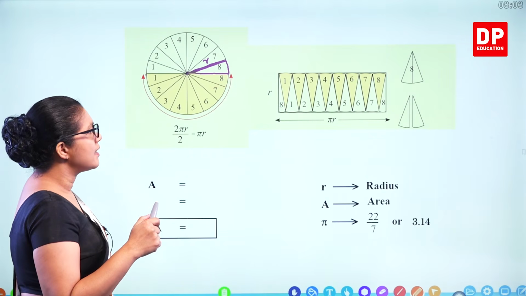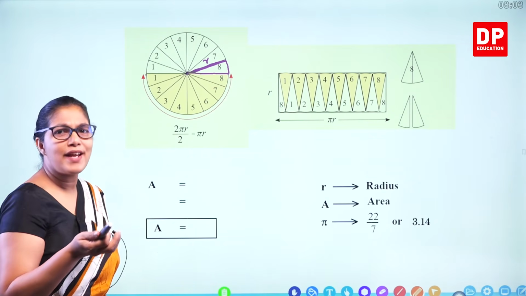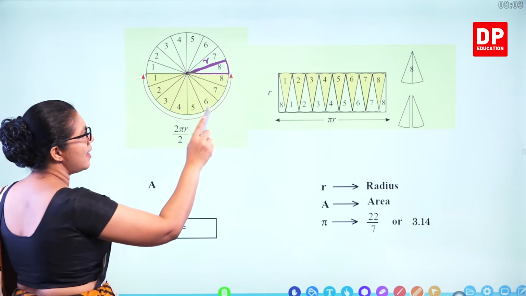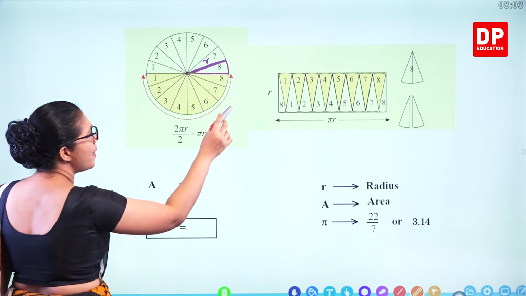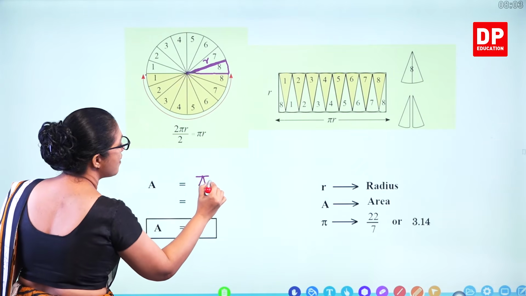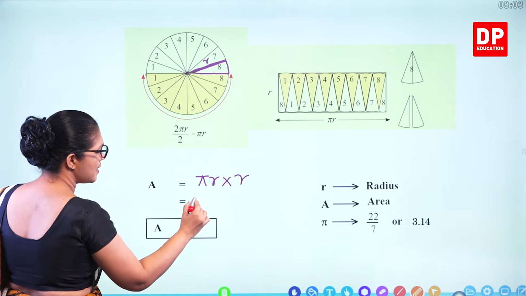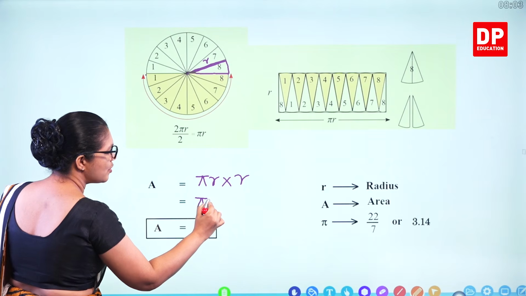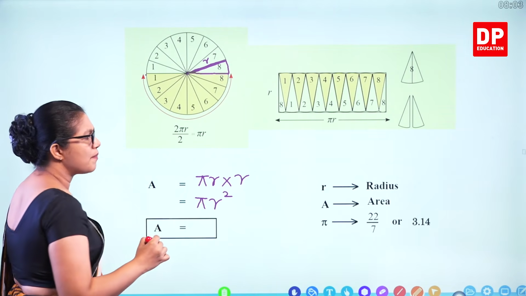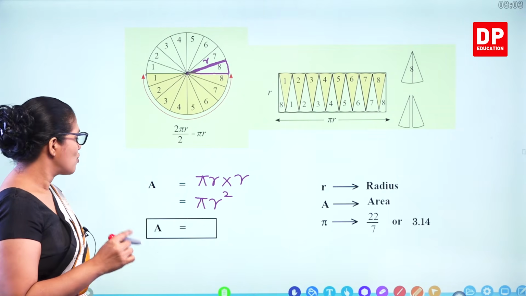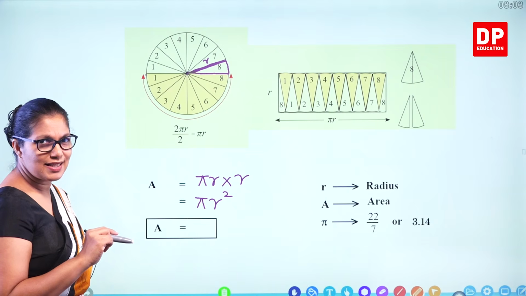So we know that. What's the area of the rectangle here? Length into breadth. Pi r into r. So you can simplify and write r into r. That becomes pi r square. So what's the area of the circle?